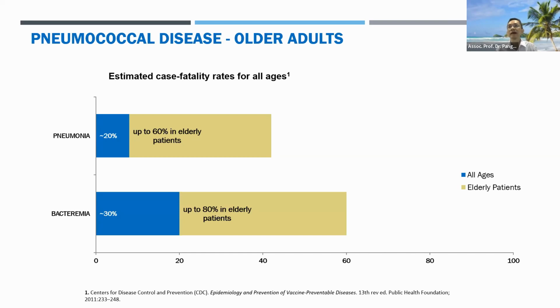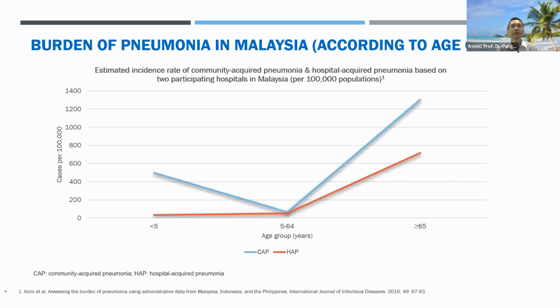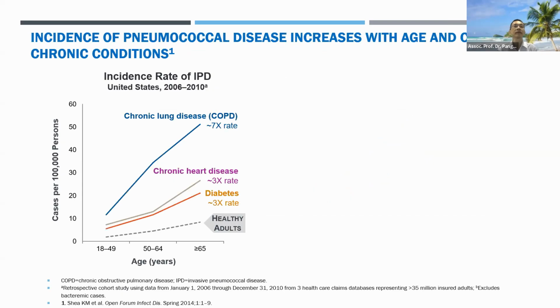And as a result, most of the admission for pneumonia secondary to strep pneumonia is contributed by the older adults. And then you can see the burden of pneumonia in Malaysia. You can see two peaks over there, but you are seeing a much bigger peak in the older adults.